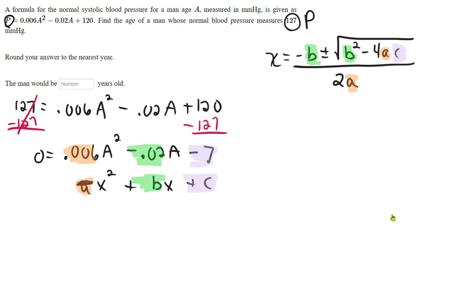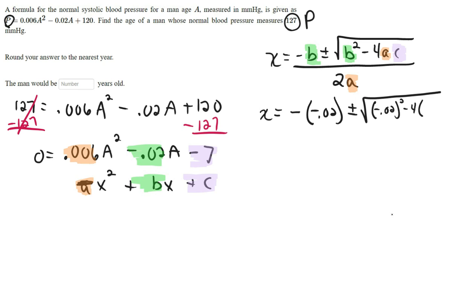So I'm going to take out all those letters and plug in the numbers. So it's negative b, which is negative 0.02, plus or minus the square root of negative 0.02 squared minus 4 times a, which is 0.006, and c is the negative 7. Hope that didn't go off my board. And then 2 times a, which is the 0.006.